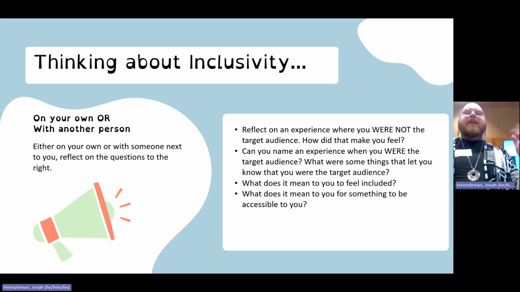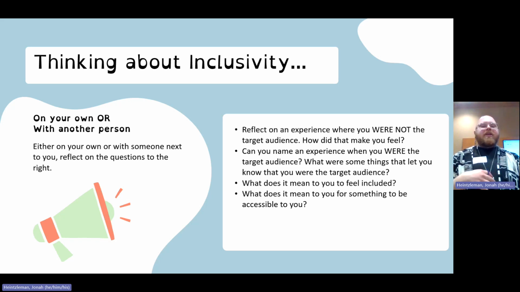So first off, thinking about inclusivity, on your own or with another person next to you, reflect on these questions. What was an experience that you had where you were not the target audience? Whether that was a presentation or an event, you went to it, but you were not the target audience. How did that make you feel?